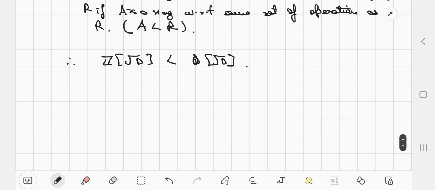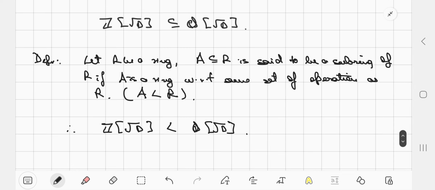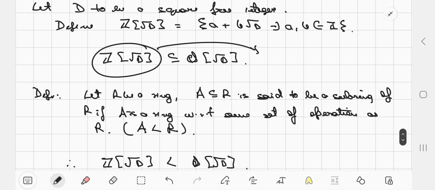What more can we say about this? This is called the quadratic integer ring.